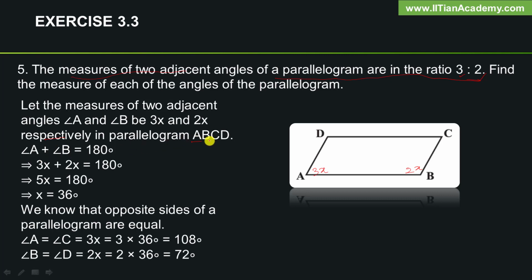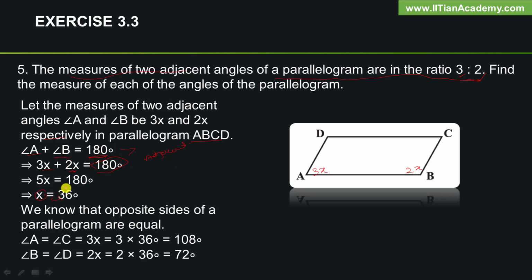Now, A plus B equals 180, as the sum of adjacent angles of a parallelogram is 180 degrees, or 3x plus 2x equals 180, or x equals 36 degrees.